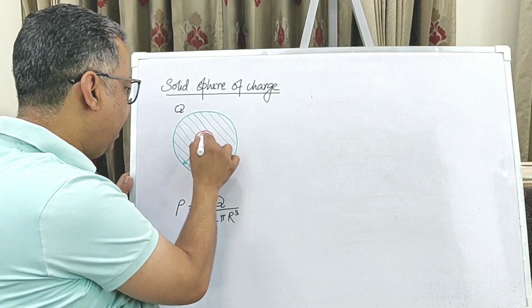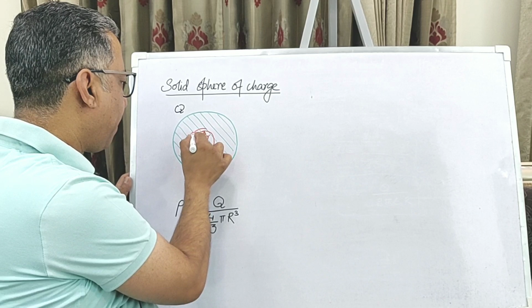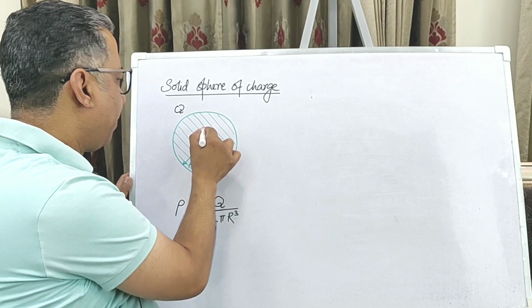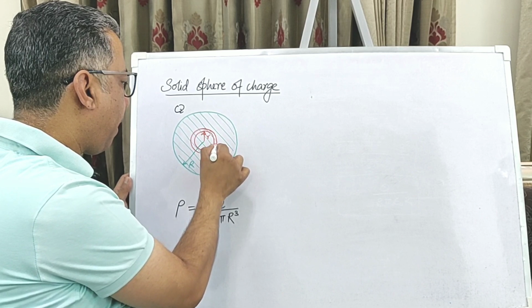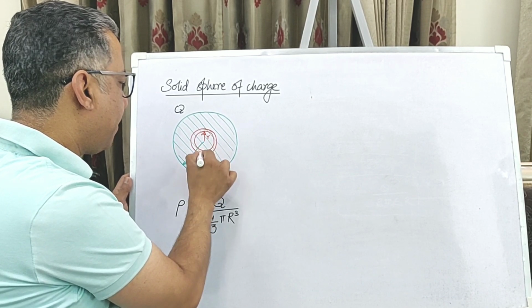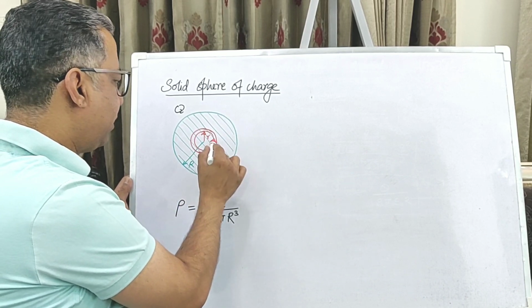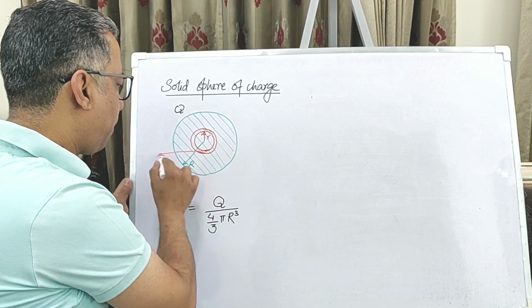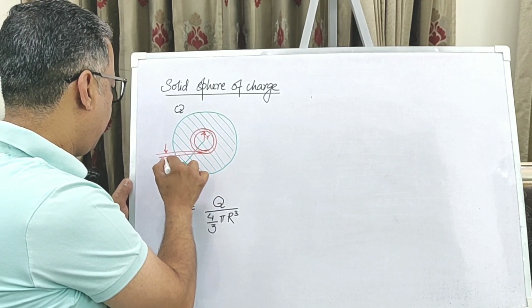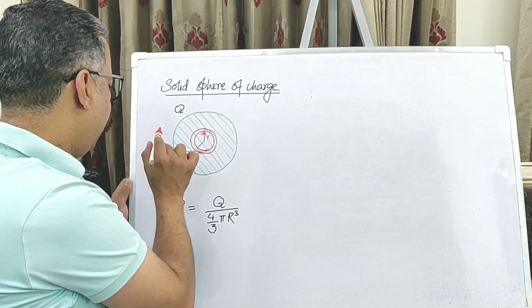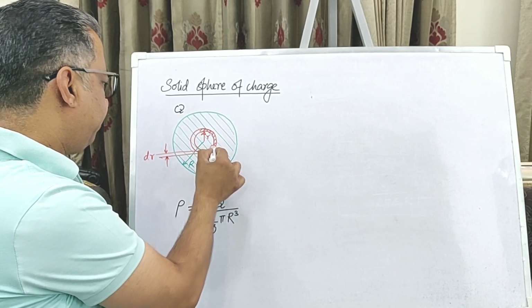This layer has a radius r and has a thickness dr.